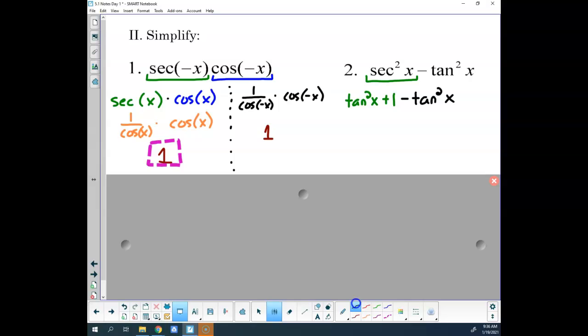Tangent squared of x plus 1 minus tangent squared of x is 1. Or, conversely, you could have said secant squared of x minus, and then tangent squared of x would be secant squared of x minus 1.